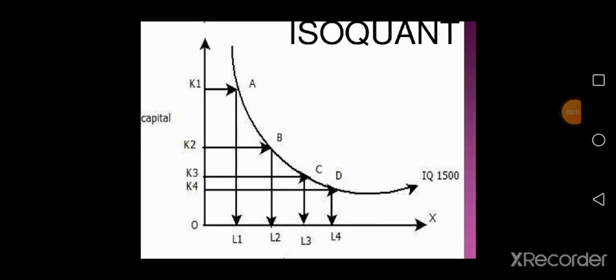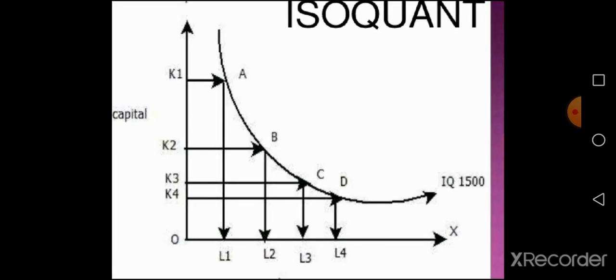This is the isoquant curve. If you observe this isoquant curve in the graph, you take labor on the x-axis and capital on the y-axis.